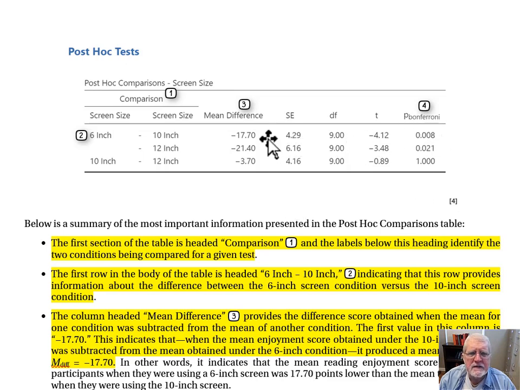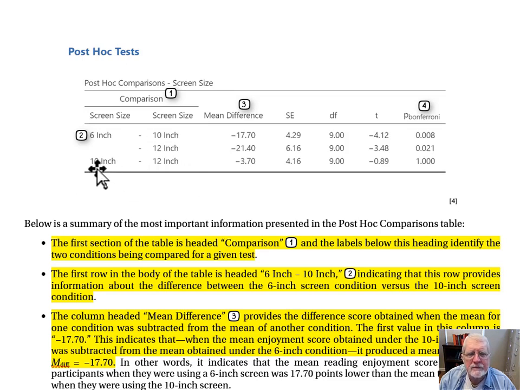The difference between the 6-inch and 10-inch condition was negative 17.70, a difference that was significant. The difference between the 6-inch versus 12-inch condition was negative 21.40. That p-value is 0.021, but look, that's smaller than 0.05. So yes, this difference is significant as well.